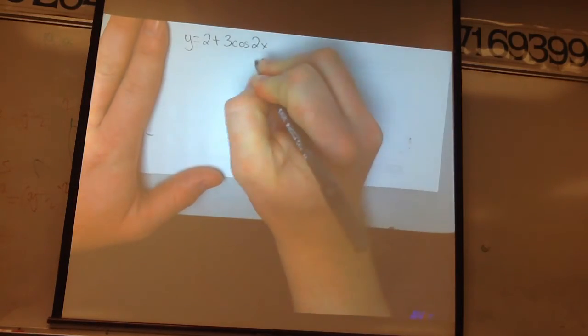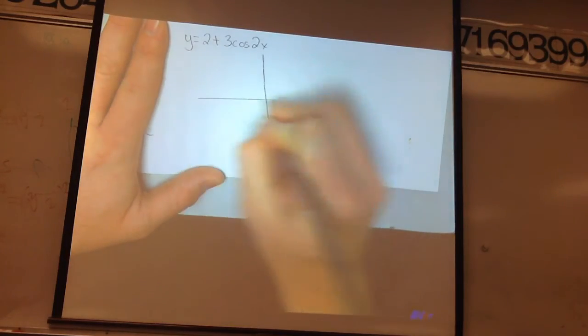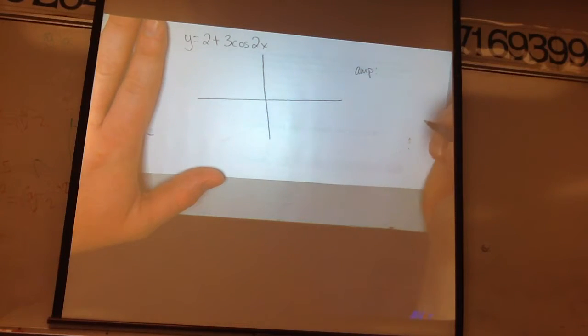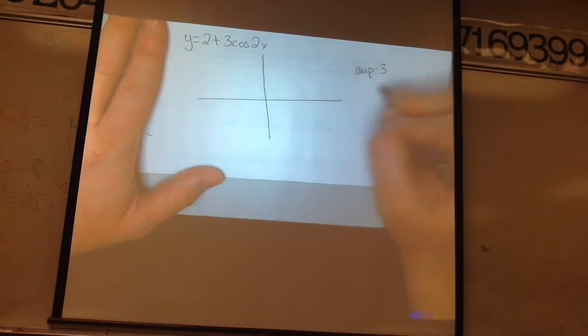Okay, I want to show you this one just because it's a little different. Amplitude, 3 again. Period. Does Amy know the period? 2 pi divided by b. 2 pi divided by the number in front of the x.